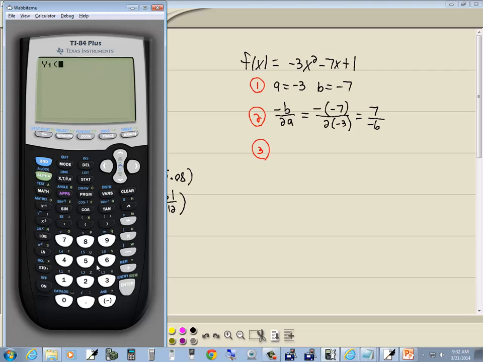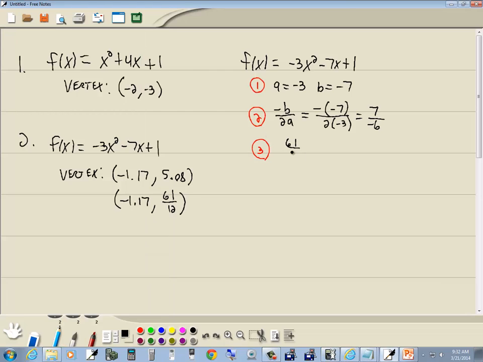And then I'll do my beginning parentheses, and it doesn't matter where you put the negative, but I'll put -7 divided by 6, closing parentheses, enter, and we get a decimal, so we do math, enter, enter. And that gives us 61/12. So our vertex would be -7/6 and 61/12.